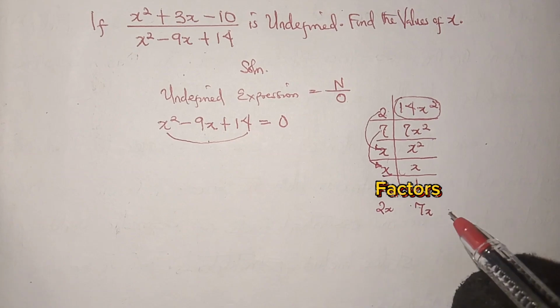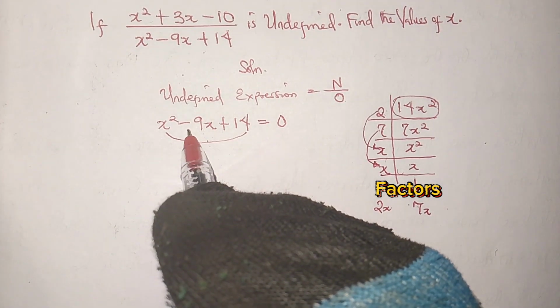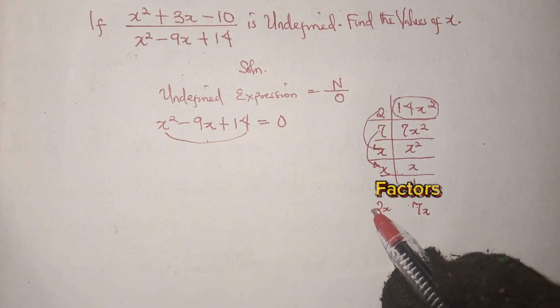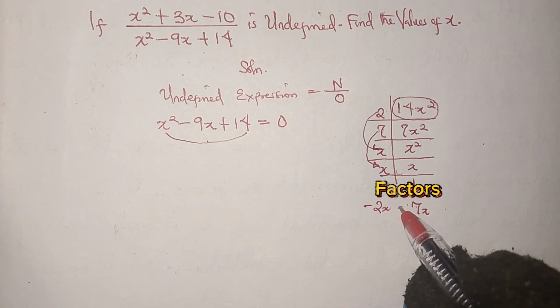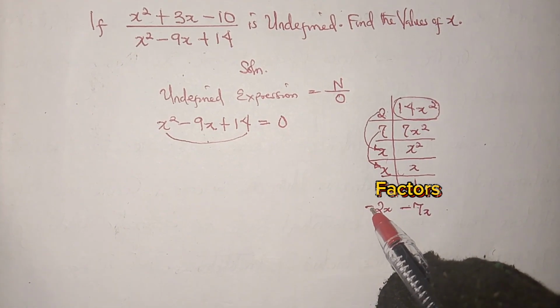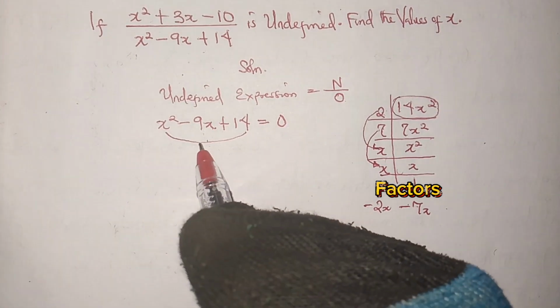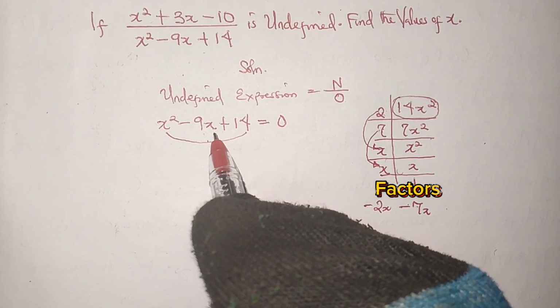So for us to have negative, remember the sign in between is minus. So for us to have that, the sign here will be minus, because minus 2x minus 7x equals minus 9x.